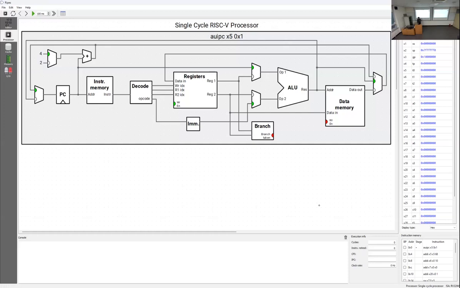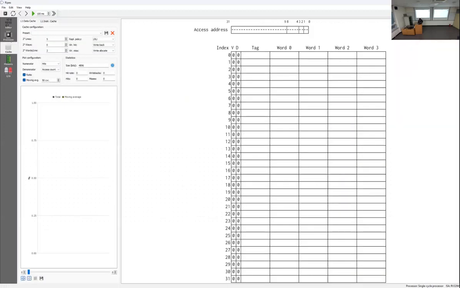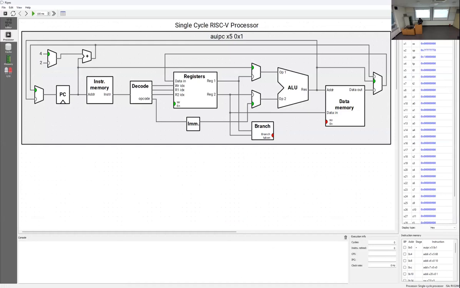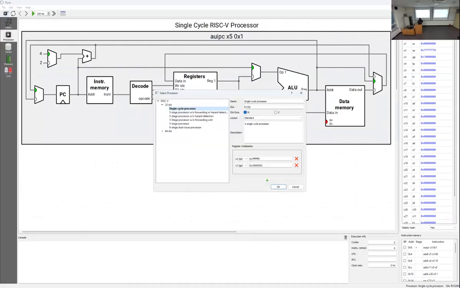You can find the title of the processor here, and if you click this icon, which is very small, we can select the processor.